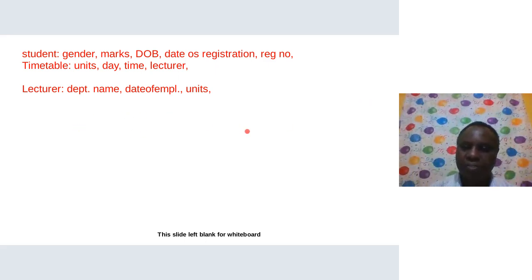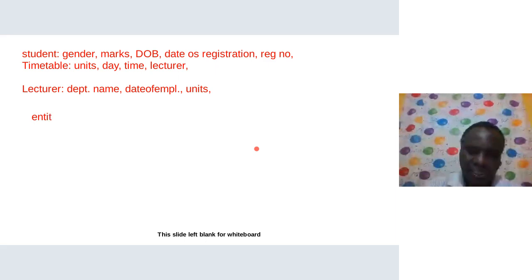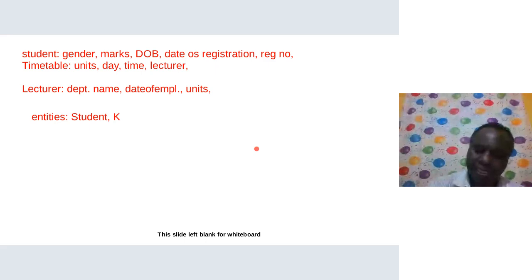Some of those entities, when it comes to an educational institution, would be something like student. We can store data about a student. We can store data about a lecturer.